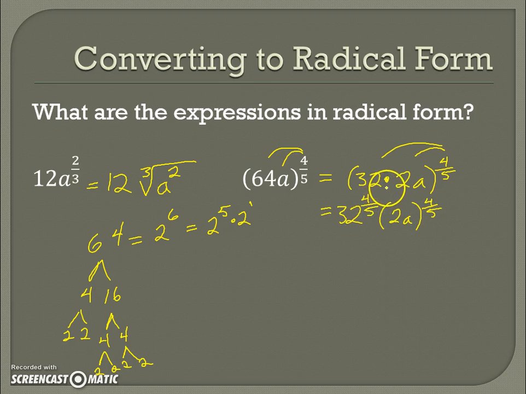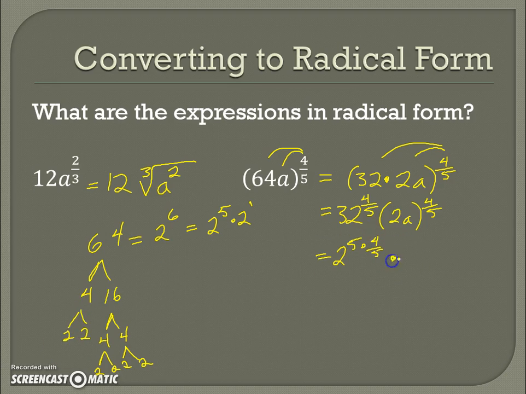So let's go ahead and deal with this. 32 to the 4/5. I'm going to rewrite my 32 as 2 to the 5th, and then I'm going to multiply it by 4/5. And I know that it's 2 to the 5th because of the prime factorization that I did over here.